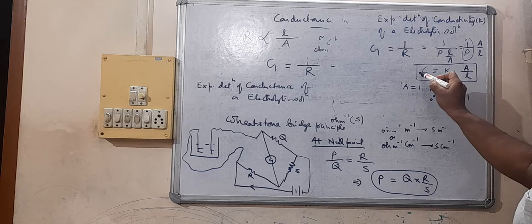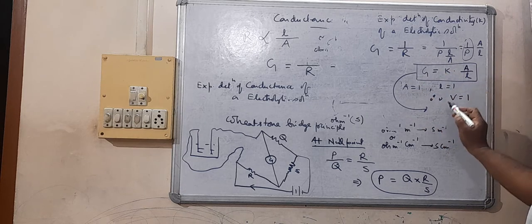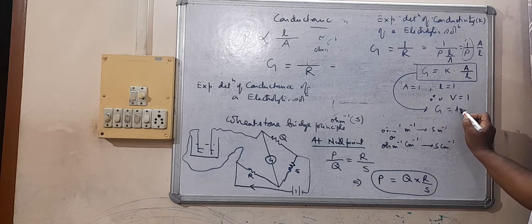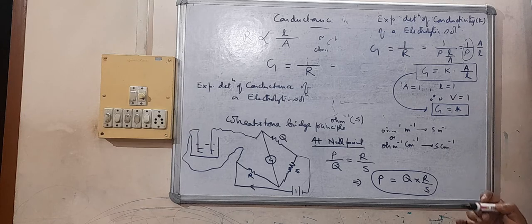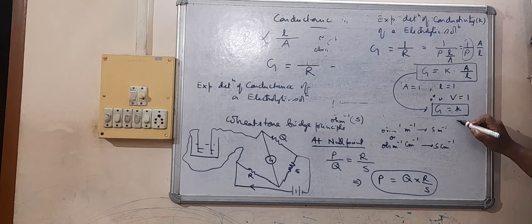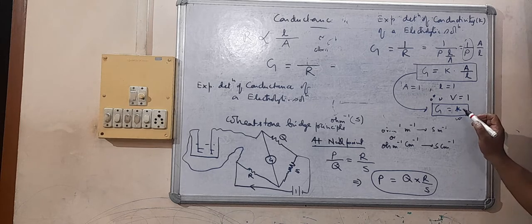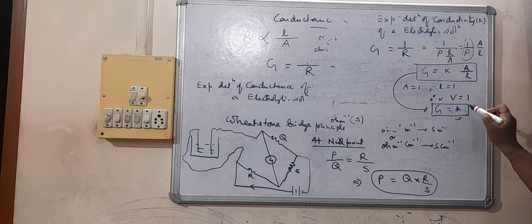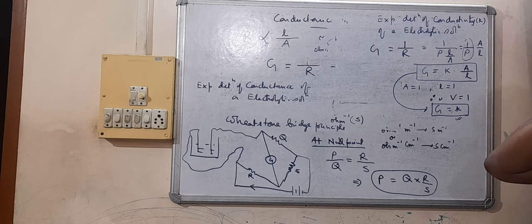So what this relation becomes, if we put A = 1, L = 1, then G is equal to conductivity. So from here we can say conductivity is the conductance of unit volume of a solution. This is the definition of conductivity.